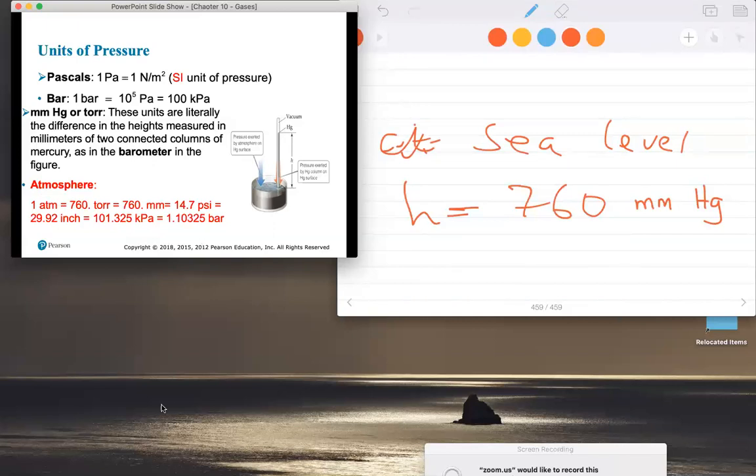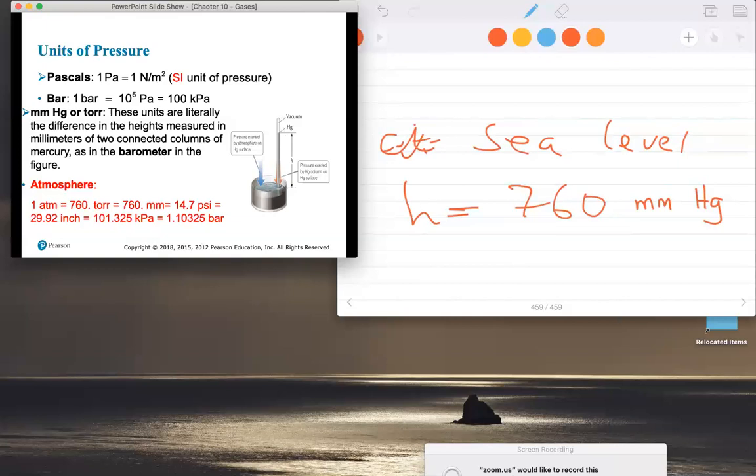Of course, if we take this to a place with a different altitude, the height will change based on the atmospheric pressure. What is holding this liquid mercury here from pouring in is the pressure from the atmosphere.